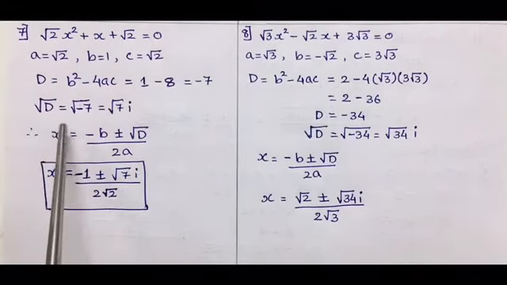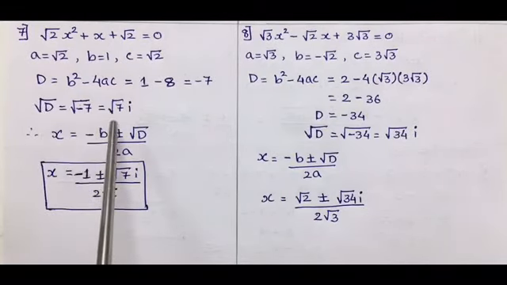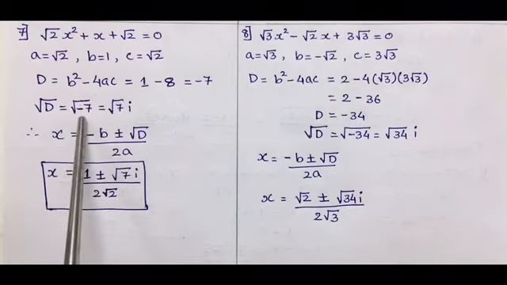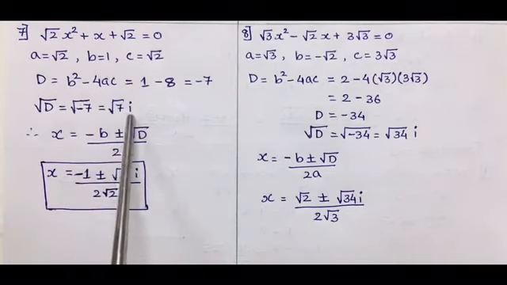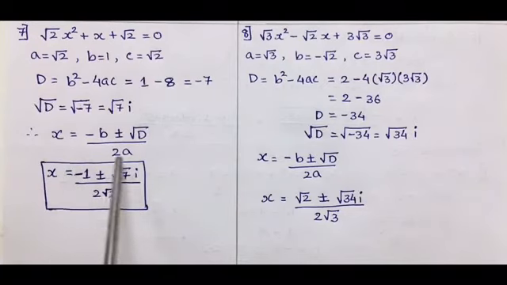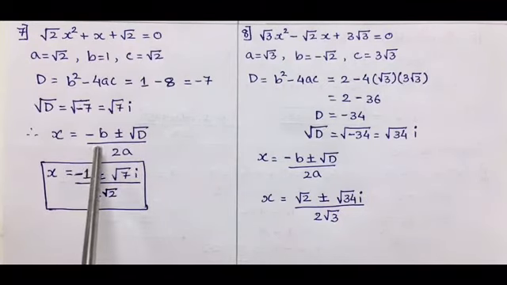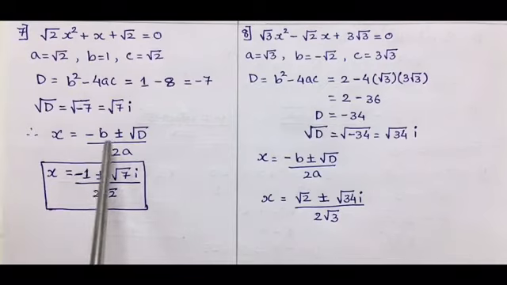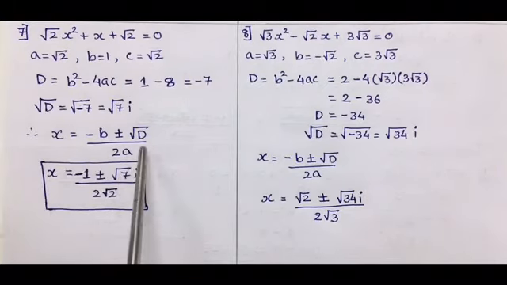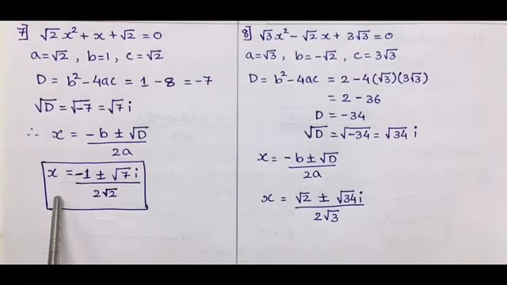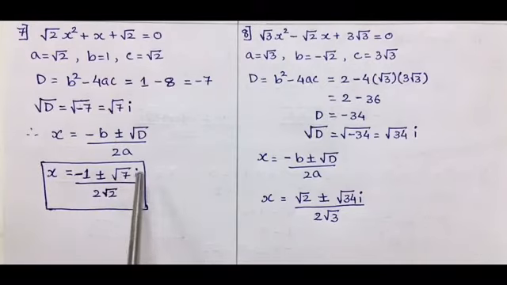So root d becomes root of minus 7, and removing the negative from the root becomes i, so it becomes root 7i. Putting all the values of a, b and d in the formula of x, we got the answer as x is equal to minus 1 plus or minus root 7i divided by 2 root 2.